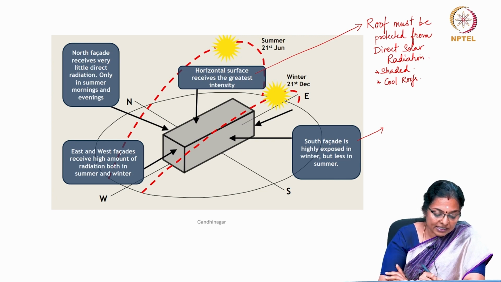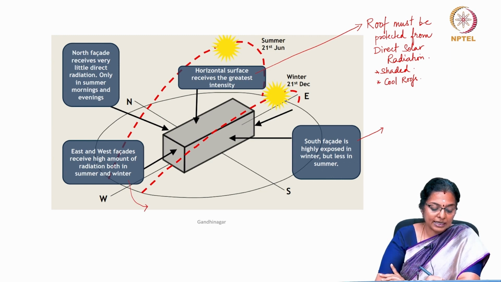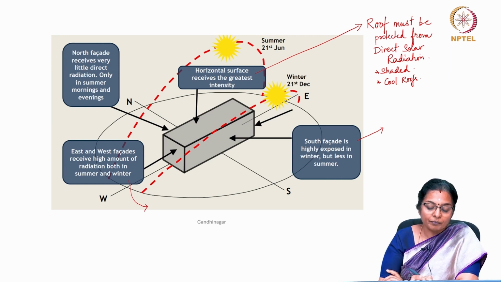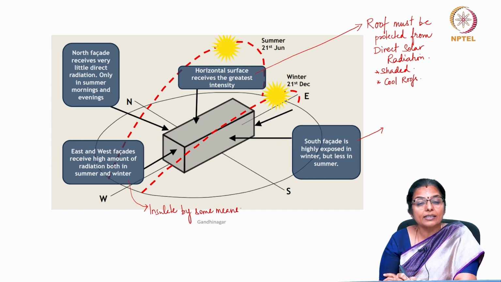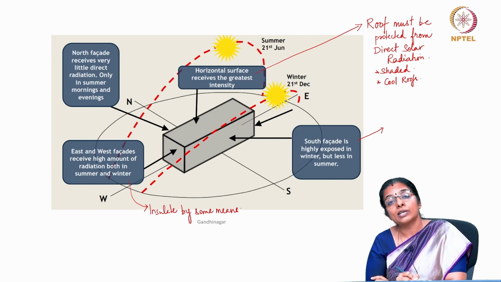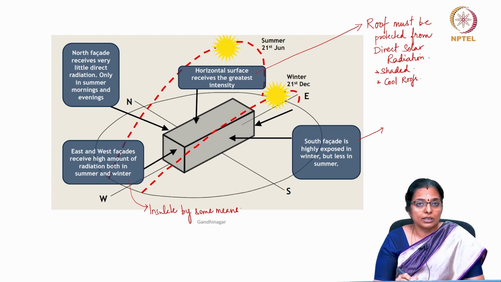The east and west facade receives high amount of radiation both in summer and winter, which means we need to insulate by some means. Again, when I say by some means, I do not mean to say that we need to add some contraption to this.